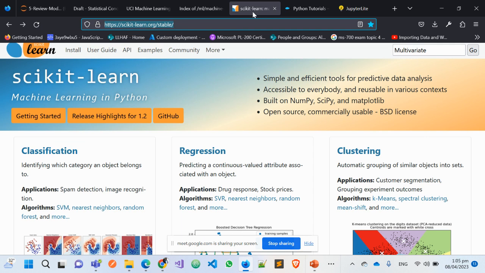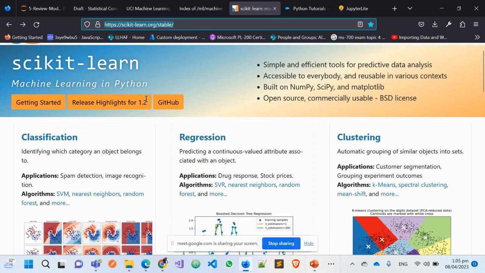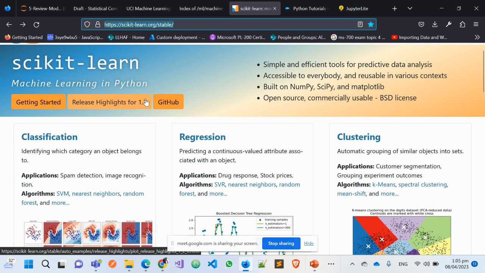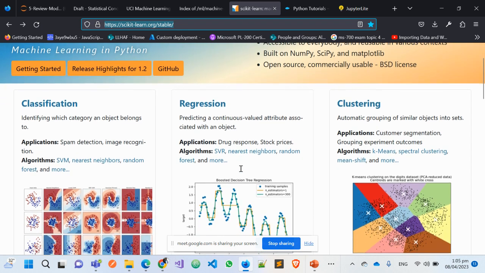When you go to scikit-learn, remember that scikit-learn is your go-to resource. The intensity of module 4 and module 5 can be gotten from scikit-learn, because most of what was used comes from scikit-learn.